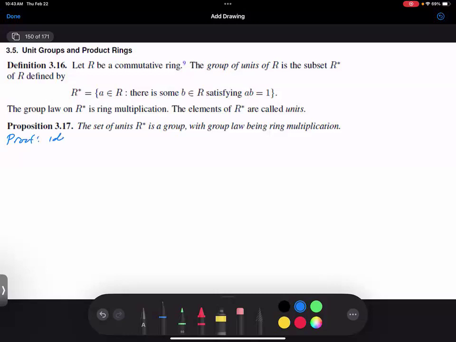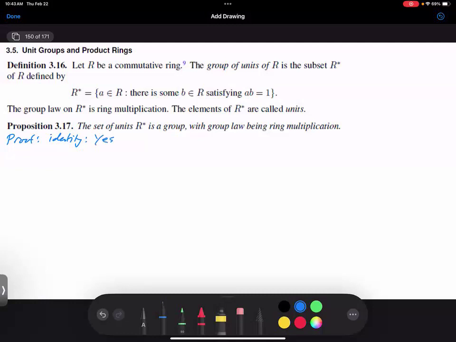Do we have an identity? Is there an identity element? Yeah, I mean, because R is a ring, it comes with a multiplicative identity.